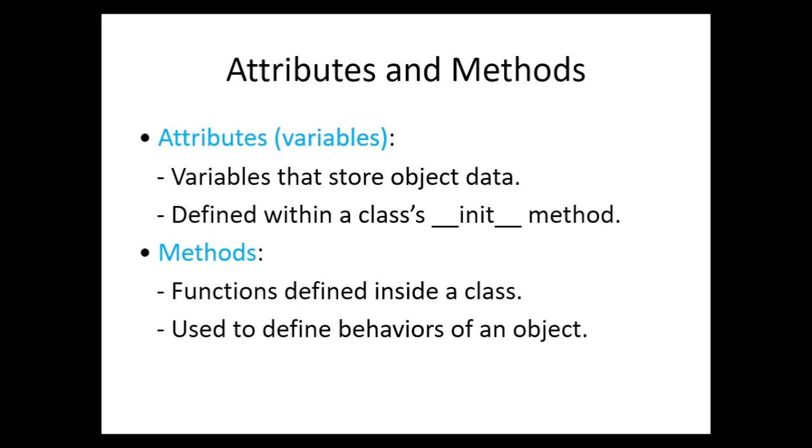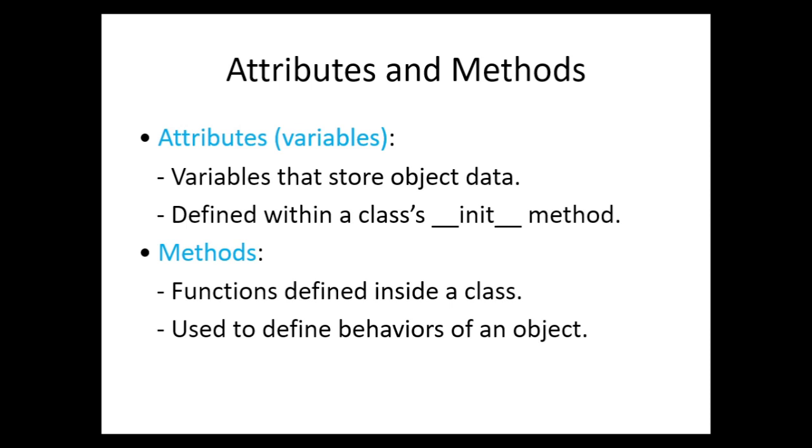Now, the attributes are basically the variables that store the object data. Basically, these are the variables which contain the data related to the objects. The attributes are basically defined within the class's init method.